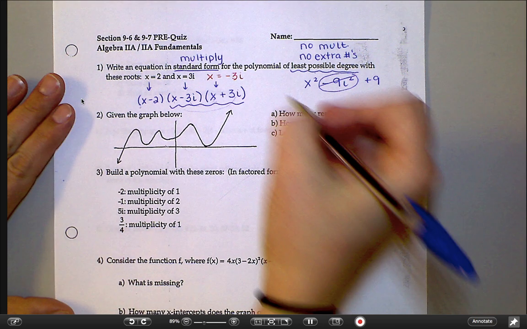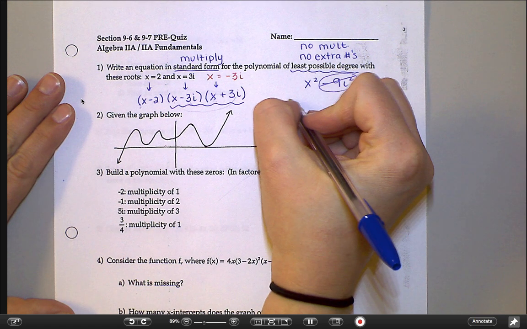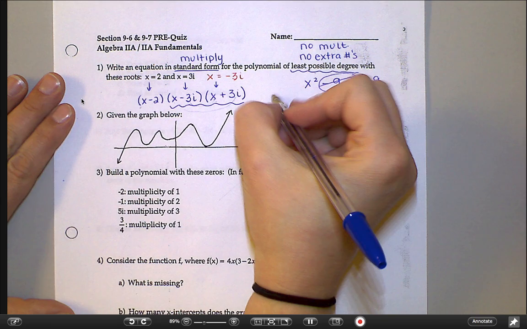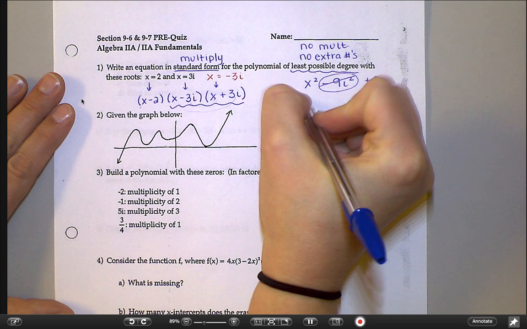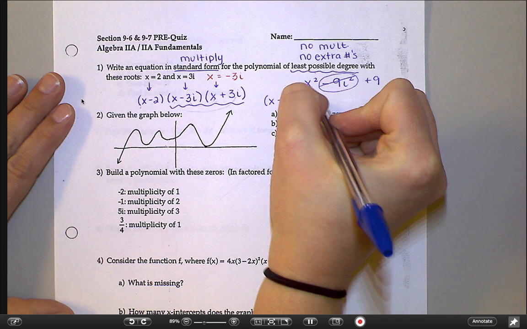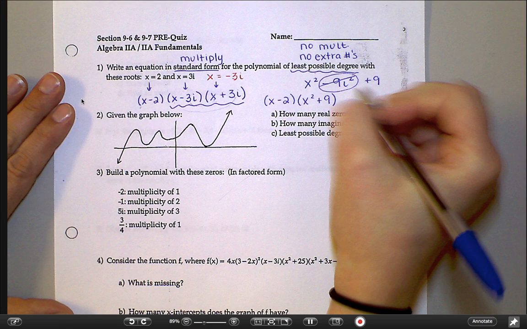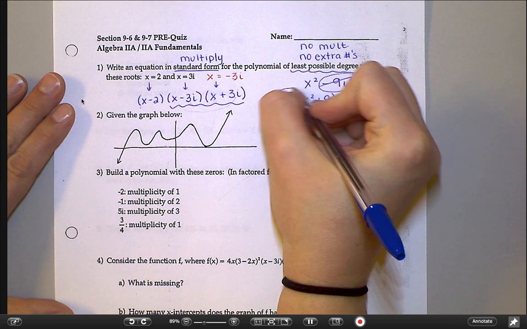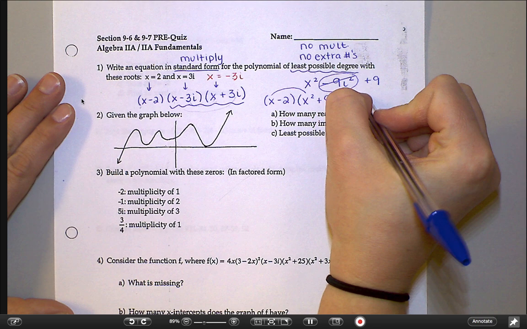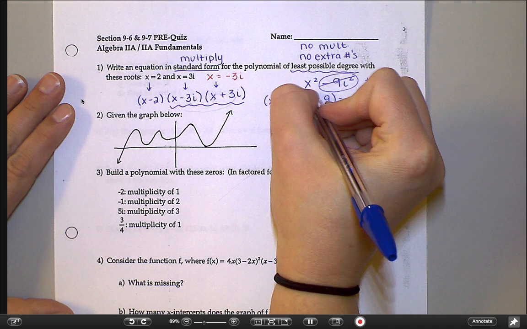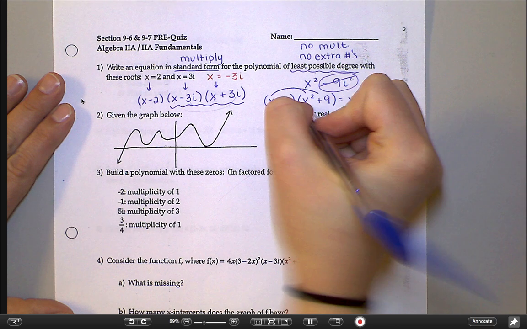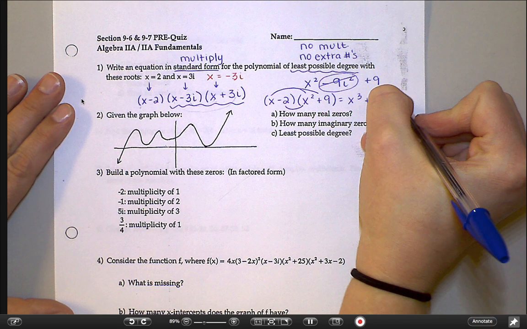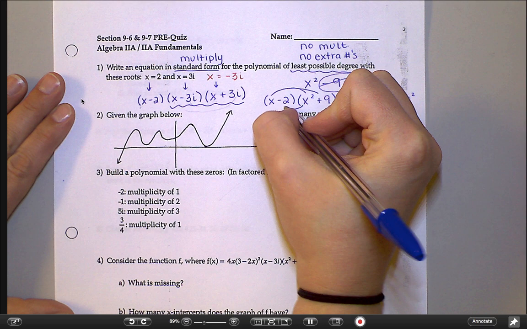And now I'm doing that x squared plus 9 times my x minus 2 from over here. So x minus 2 times x squared plus 9 is going to give me, let's see, an x cubed plus 9x minus 2x squared and then minus 18.